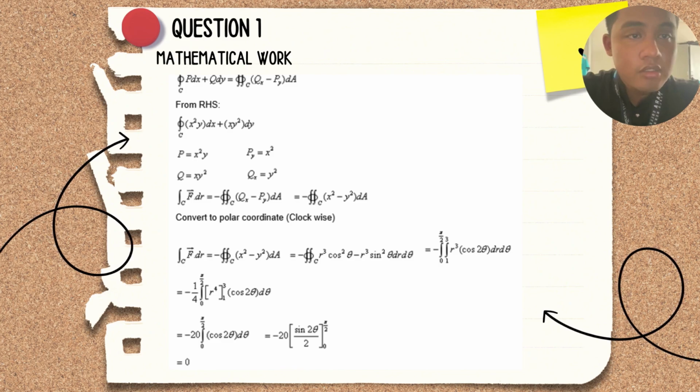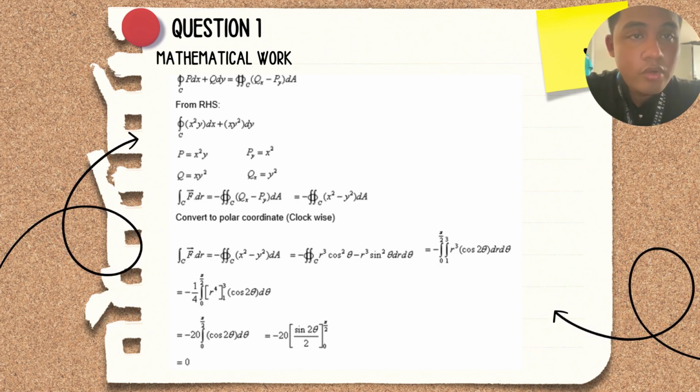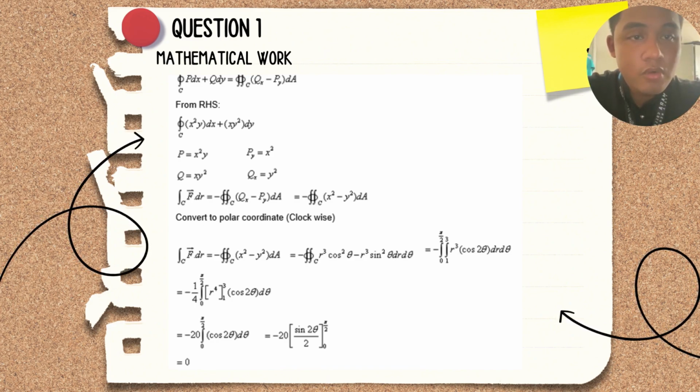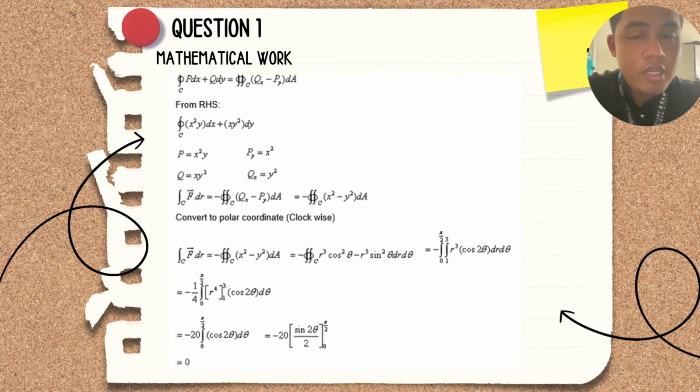We get the double integral of (x squared minus y squared) dA, and then we convert to polar coordinates, where x equals r cos theta and y equals r sin theta, and r squared equals x squared plus y squared.